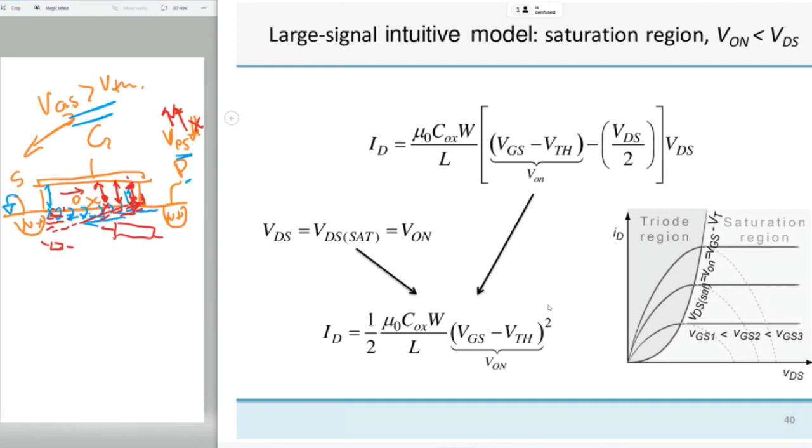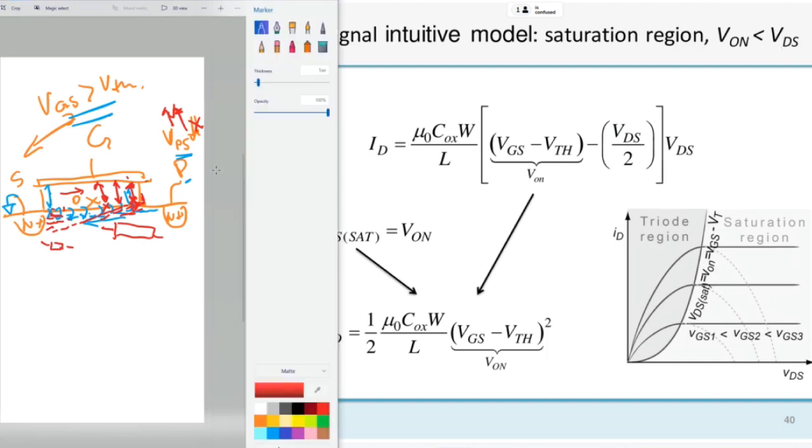So now we're in the saturation region. I further increase the drain source voltage, and now V_ov becomes less than the drain source voltage. Exactly at the point when V_ov is equal to the drain source voltage, which is equivalent to saying that the gate drain voltage becomes equal to the threshold voltage, the channel is exactly inverted.